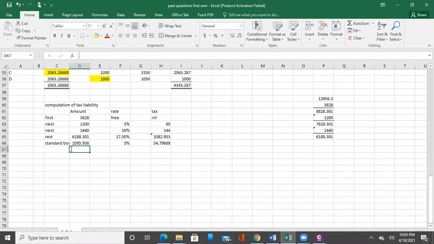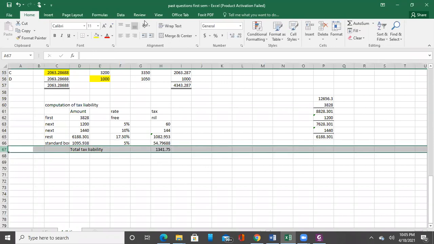So my total tax liability is equal to 1341.75.